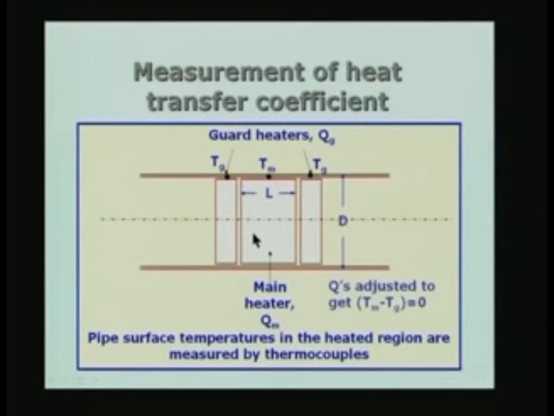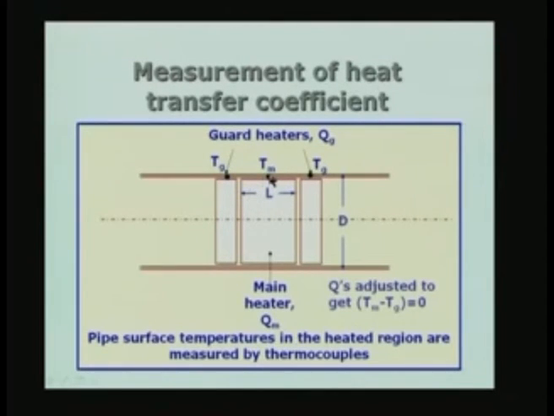So, the schematic of the arrangement is shown here. We have a pipe which is shown by these lines here, diameter equal to d, a thin walled pipe, and then what I have done is I have a main heater shown here with length equal to capital L, and there are 2 guard heaters of equal width placed just before and after the main heater.